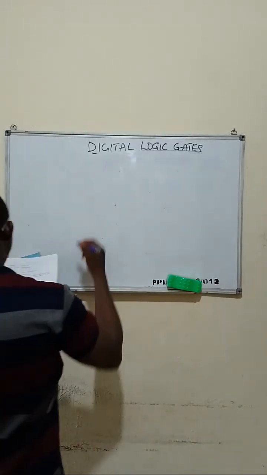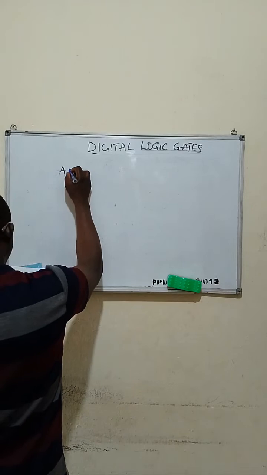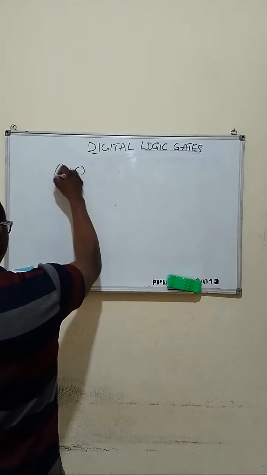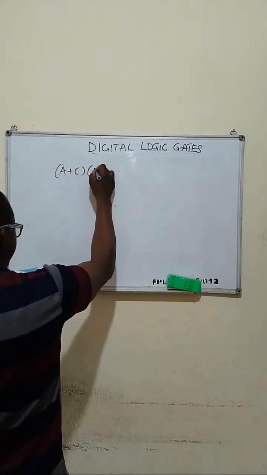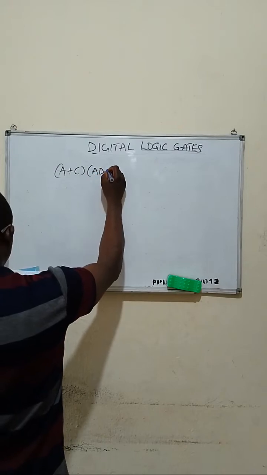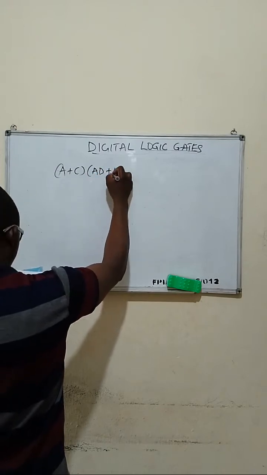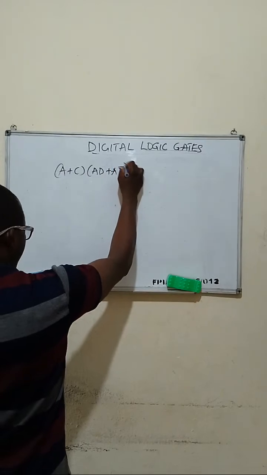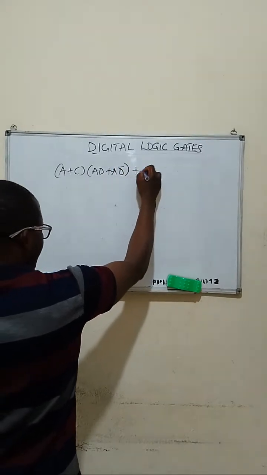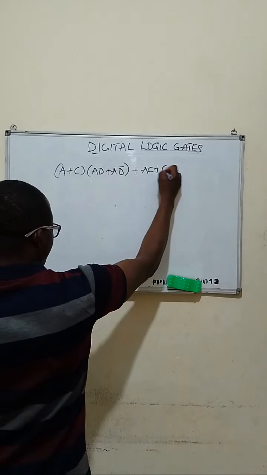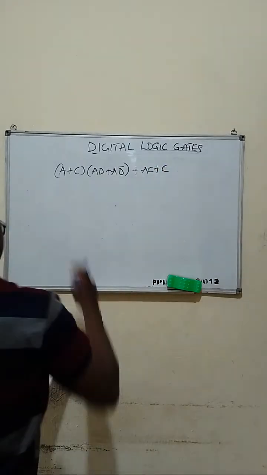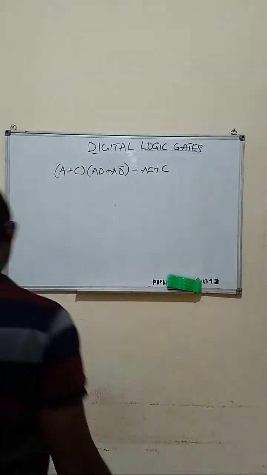Okay, we have A plus C, AD plus AD bar plus AC plus C. Yeah, this is very interesting. It's long. So what do we have?